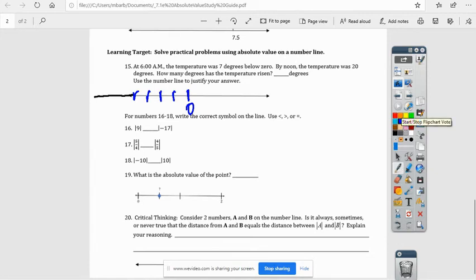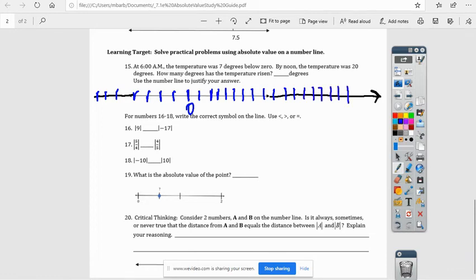Right, so 1, 2, 3, 4, 5, 6, and 7. I'm just going to make it longer on the other side since we're going up to 20. All right. Then 1, 2, 3, 4, 5, up to 20.